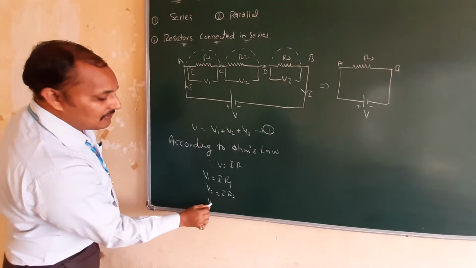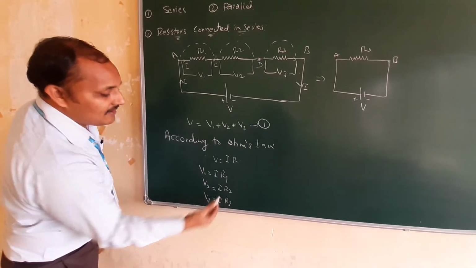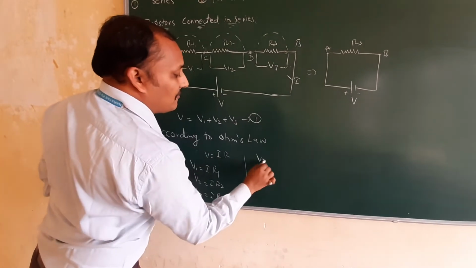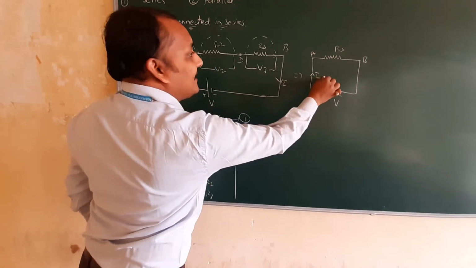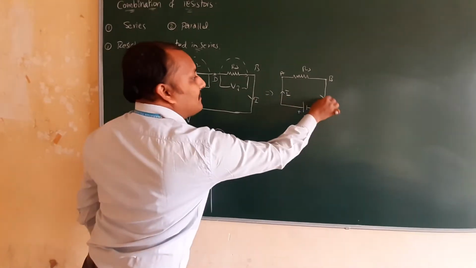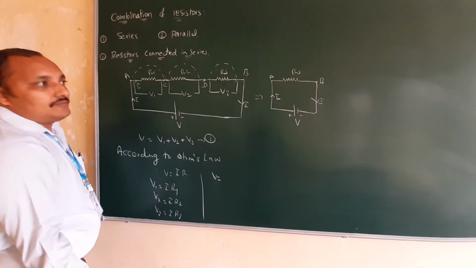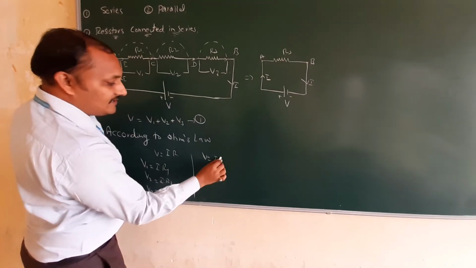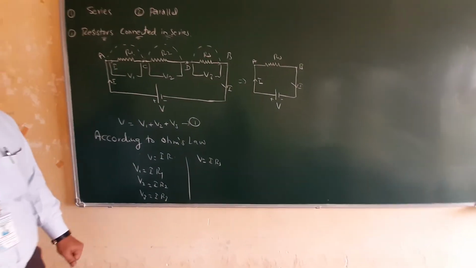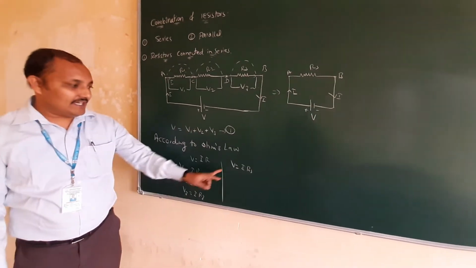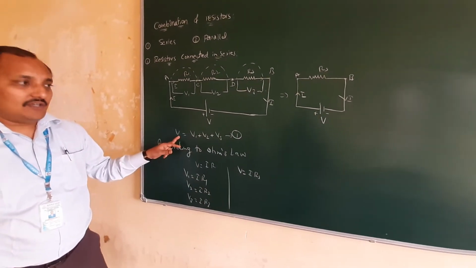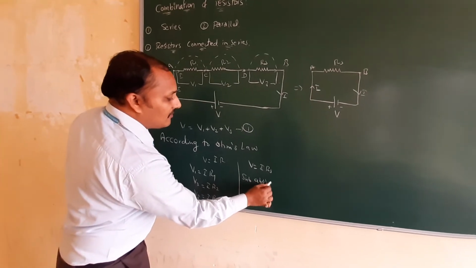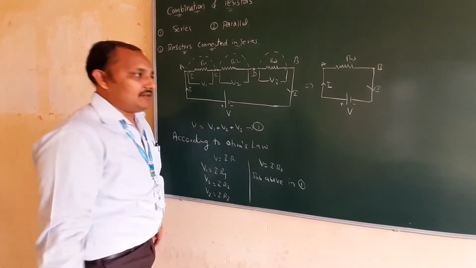Same formula, V3 is I R3. For V: the current entering at A is I, the current coming from B is I, so V is equal to I times the resultant resistance RS. Now substitute V1, V2, V3 and V values in equation number 1.